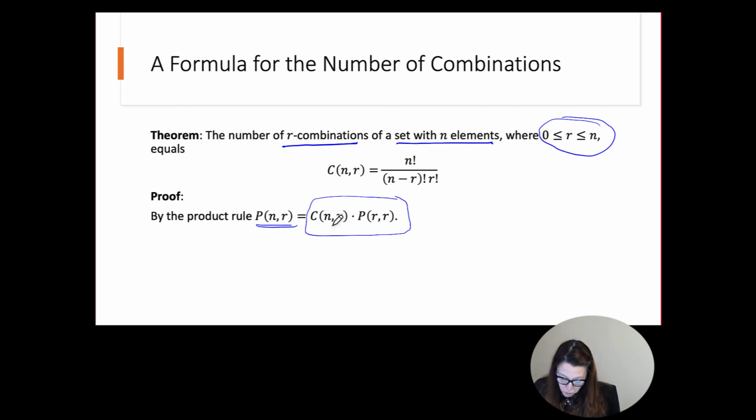So what does C(n,r) mean? Those are all the combinations that we could possibly get. Exactly. And then P(r,r)? That's the orders of those elements that could be in a set of that length r. Yeah, it's the total permutations of r elements, because if it's P(r,r), it means now we're considering the set of r elements, and we're going to permute all of them.